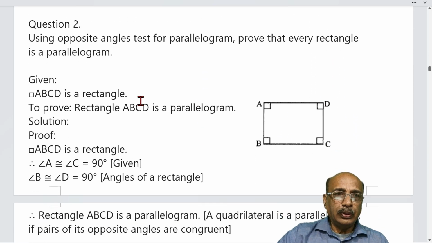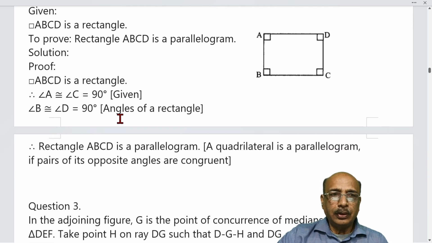Question number 2. Using the opposite angle test for parallelogram, prove that every rectangle is a parallelogram. Given: quadrilateral ABCD is a rectangle. To prove: rectangle ABCD is a parallelogram. Solution. Proof. Quadrilateral ABCD is a rectangle.